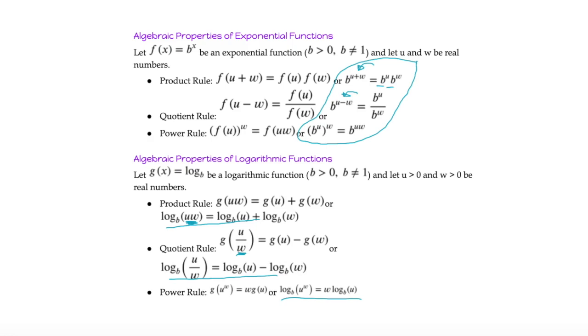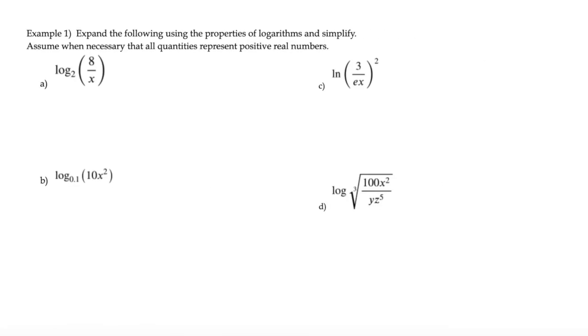And further, when we have a power, we can use the power rule and bring that power in front of our logarithm, or vice versa. We're going to practice going back and forth with both of these, going from one to the other to simplify and expand. So let's head over to slide 3.